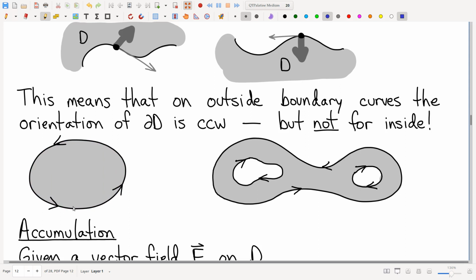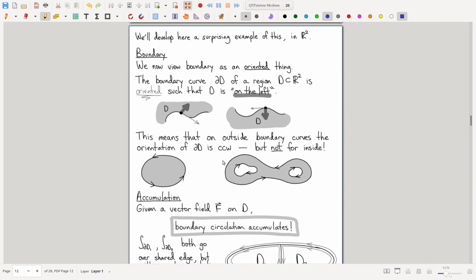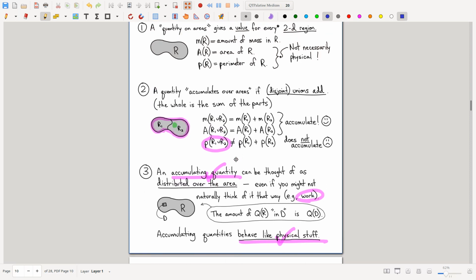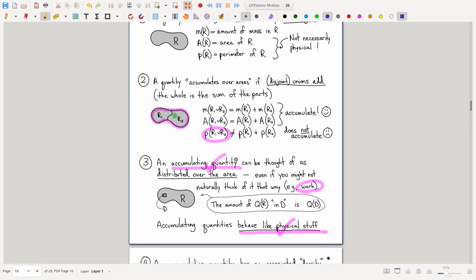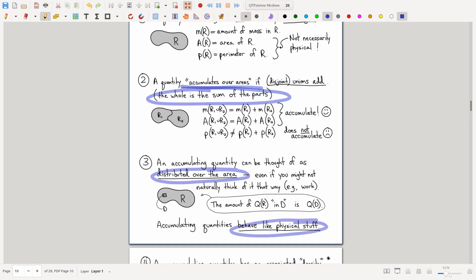So now I've thrown a bunch of ideas at y'all here. Let me just remind you all the ideas I've thrown at you. We have this idea of quantities, this resulting idea of accumulating quantities. We saw that every accumulating quantity can be thought of as being a stuff distributed over the area like a substance, even if it's not, but as if it were a substance.